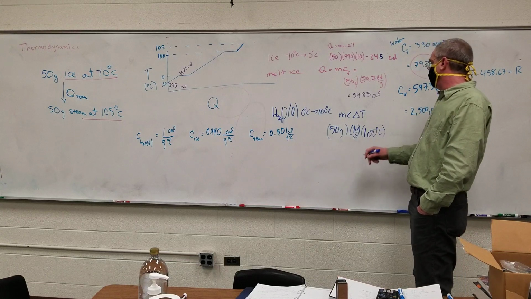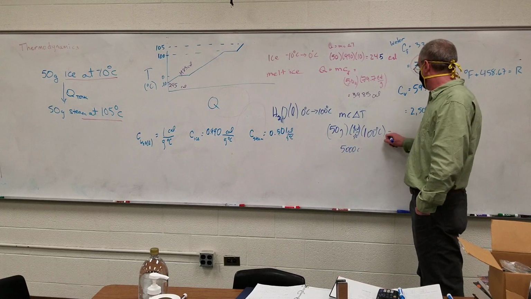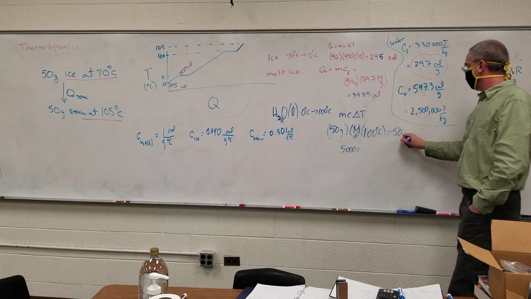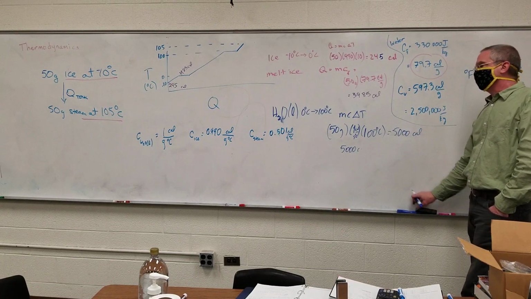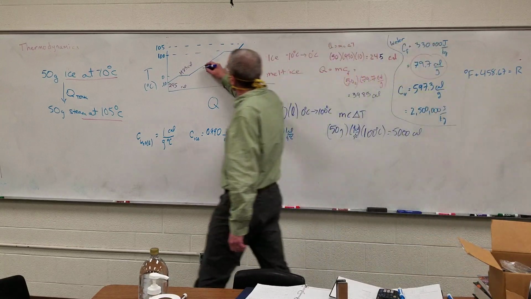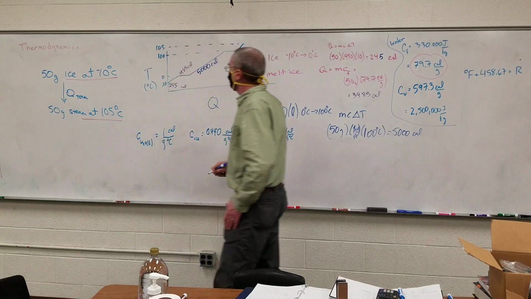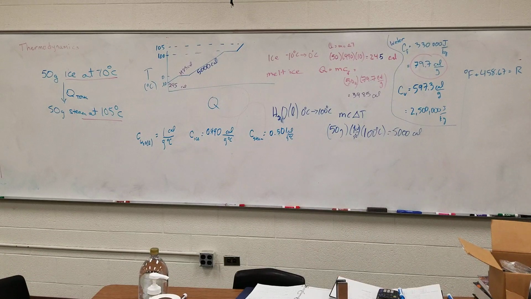So I can do that math, that's 5,000 calories. So 50 times 1 times 100. So far, the biggest amount of energy we've had to spend is raising the temperature of the water 100 degrees Celsius.